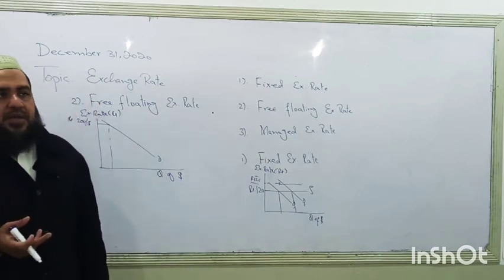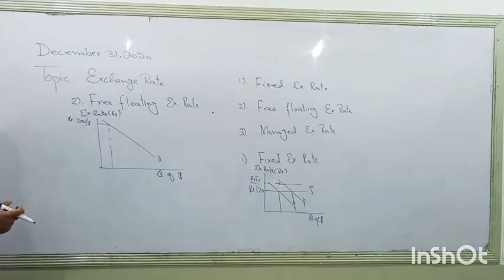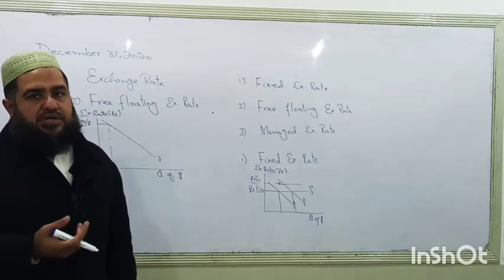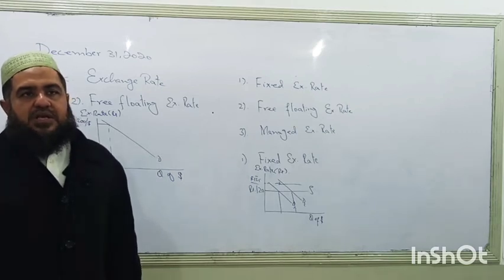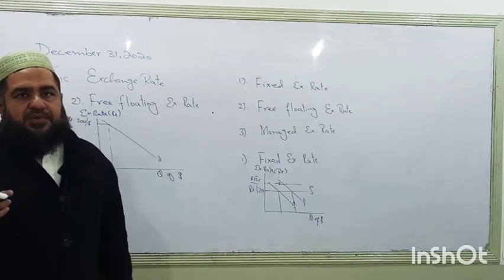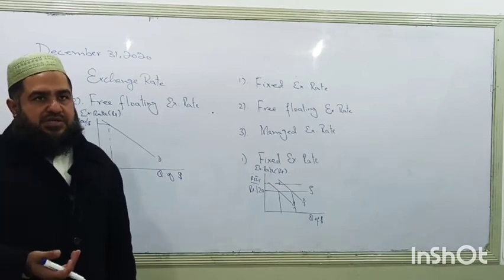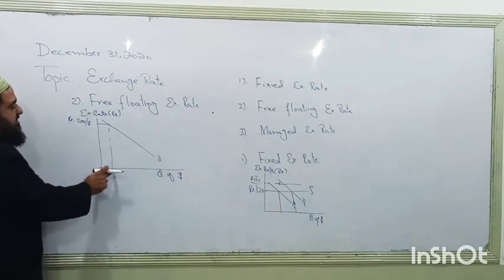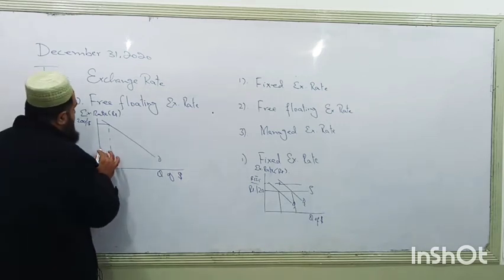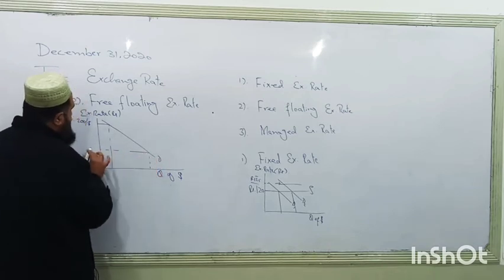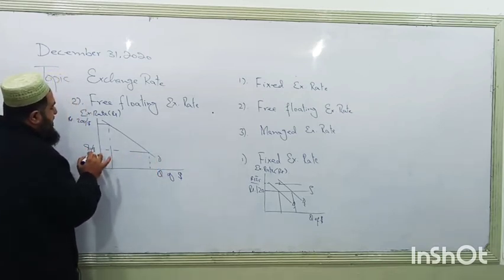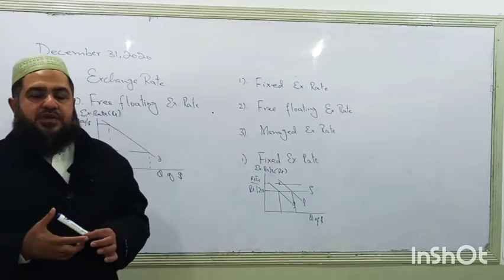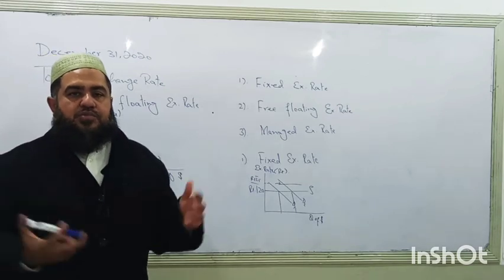So demand for dollars in our country is determined by the importers, or the persons who are taking their education abroad. Actually they are importing education, the services. So when this is the exchange rate, there is less demand for dollars. Or when the exchange rate goes to, suppose, 90 rupees per dollar, our currency is becoming stronger, so importers will be demanding more dollars in order to import more.